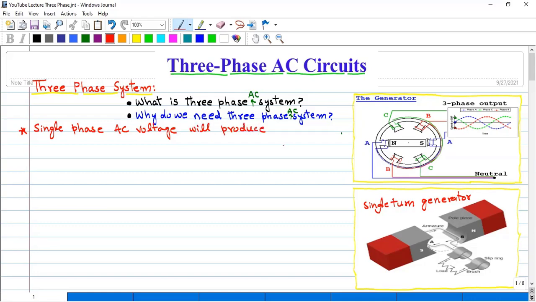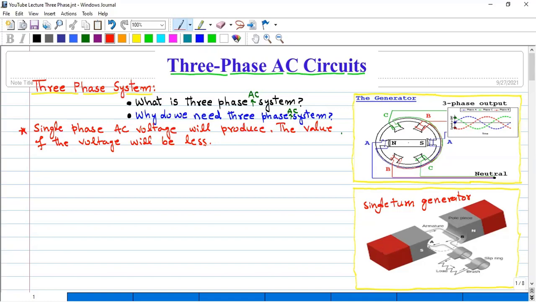So the single-phase AC voltage, the value of the voltage will be less.